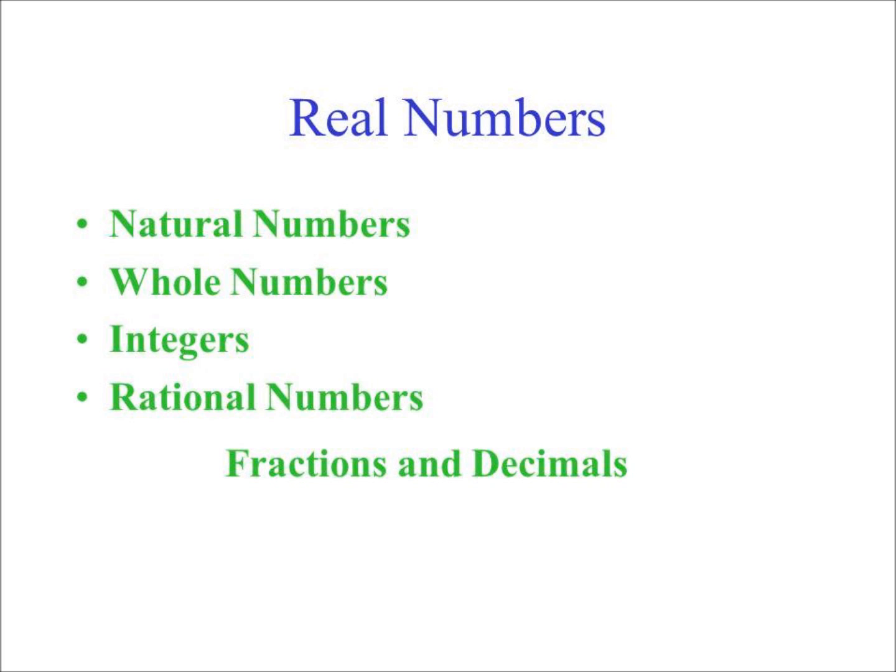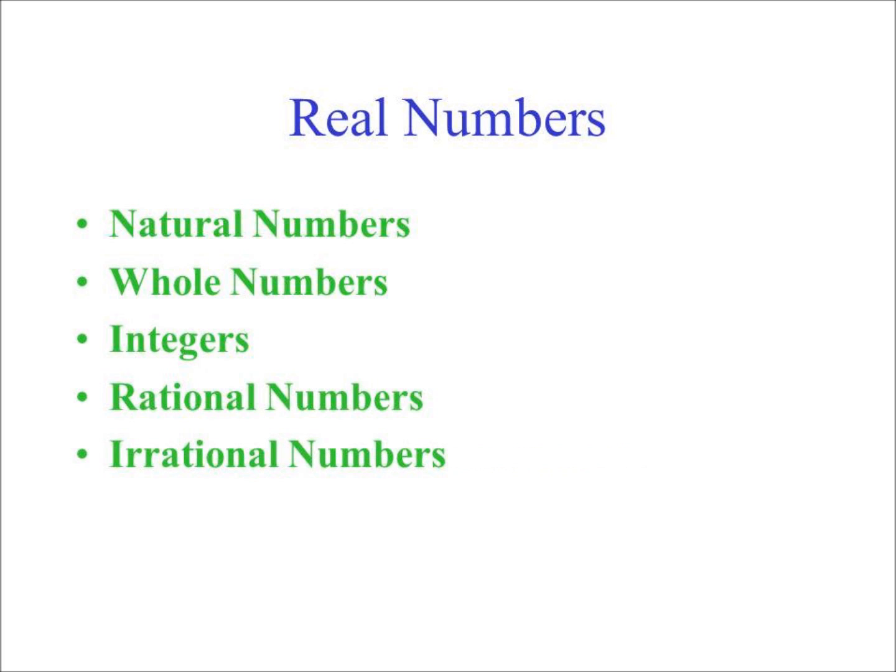After rational numbers, we have irrational numbers. Irrational numbers are so named by the Greeks because they couldn't figure out their exact values. And we'll cover that later in a different chapter. Irrational numbers include square roots of primes and relatively prime numbers. So we have something like square root of 3.